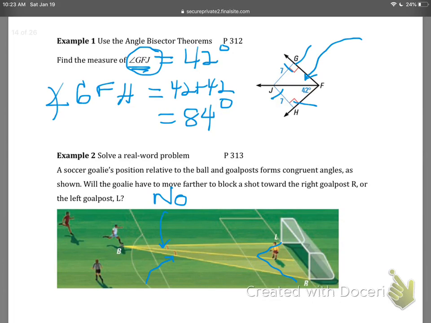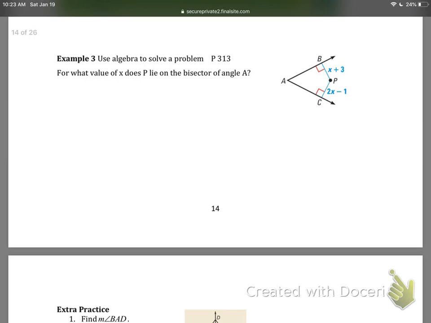All right, we have another example. We'll do that on the next page. All right, in this problem, I see that I don't have an angle bisector drawn in. However, they want to know for what value of x does P lie on the angle bisector. So if P is on the angle bisector, remember what happens: the segment PB will be equal to PC.